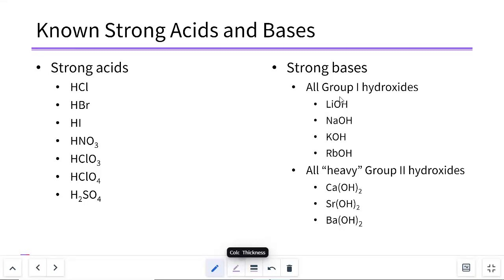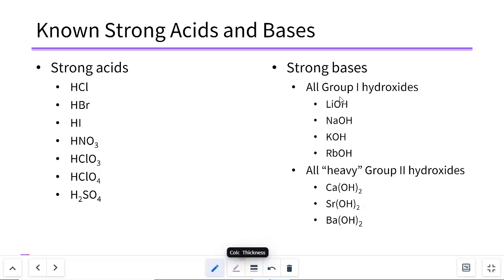Strong bases are a little bit easier to identify. They have a very periodic kind of property. They're all hydroxides. And so the group 1 hydroxides, so anything from lithium down, as well as the heavy group 2 hydroxides, anything from calcium down. Those hydroxides are all strong bases. If it's not one of those two categories, it's a weak base.